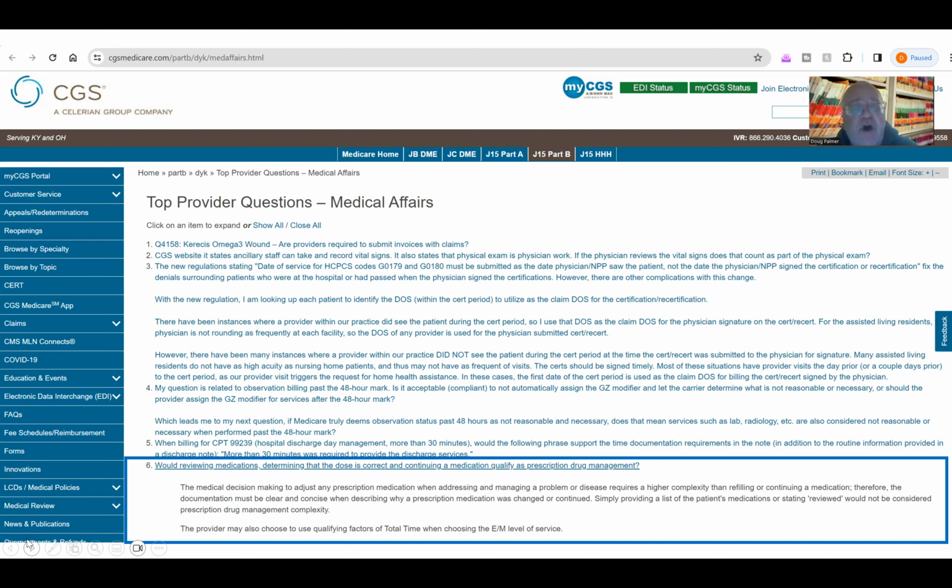So now this one, I chose this one because I think that answer is clear as mud. It says the medical decision making to adjust any prescription medication when addressing and managing a problem or disease requires higher complexity than refilling or continuing a medication. So it really does not say yes or no. It kind of leaves a question.